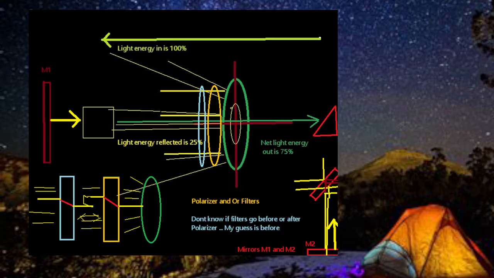But you lose, I think the final output ends up being 25%, which is a bit low. And they're suggesting to put polarizers before, wait, no. I'm not sure. No, they're talking about the spatial filter, which is a pinhole. They're suggesting to put a pinhole before and after the beam splitter.